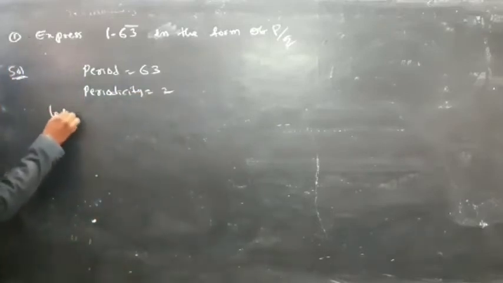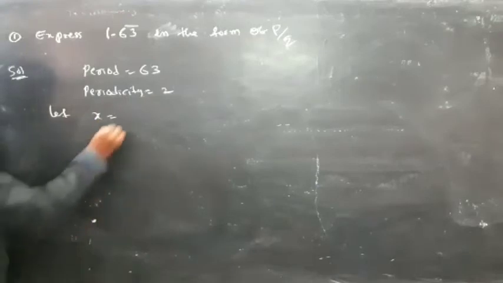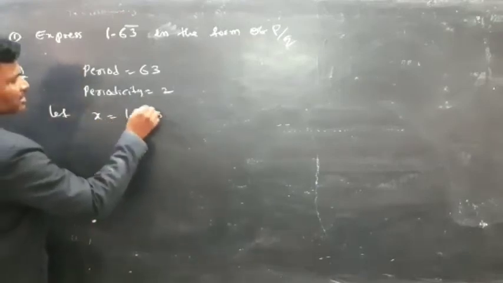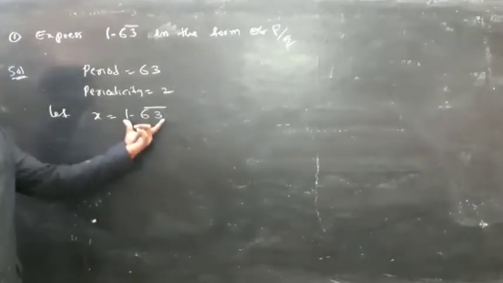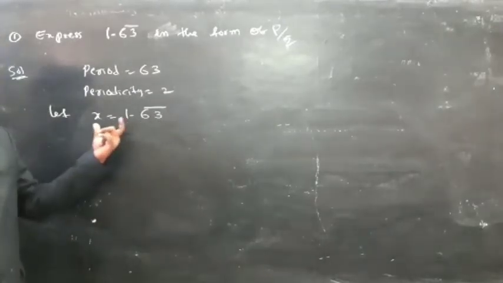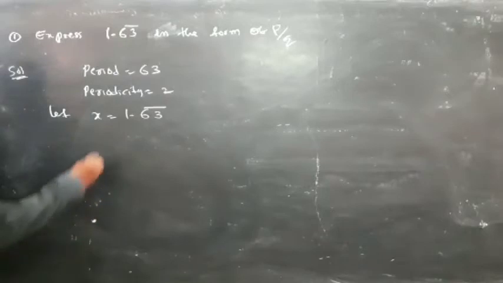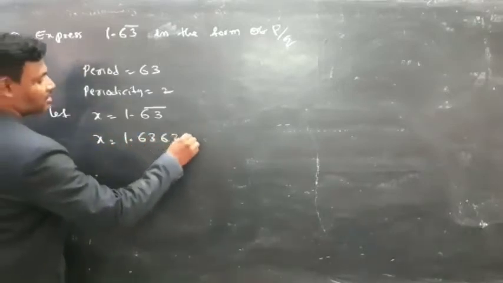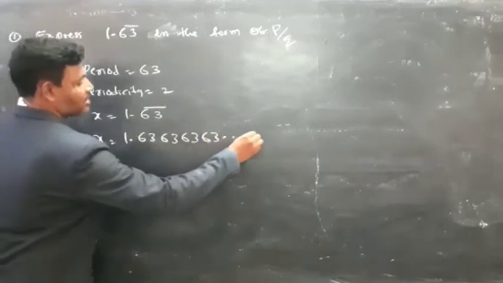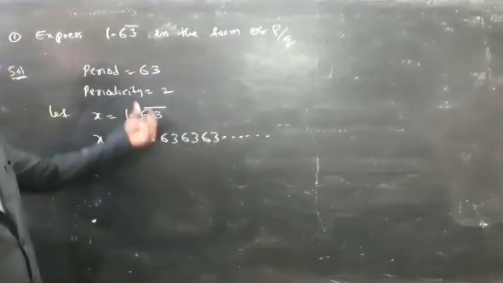Let x equal 1.63 bar. So the 1.63 bar value I am taking as x. x is equal to 1.636363 and so on.